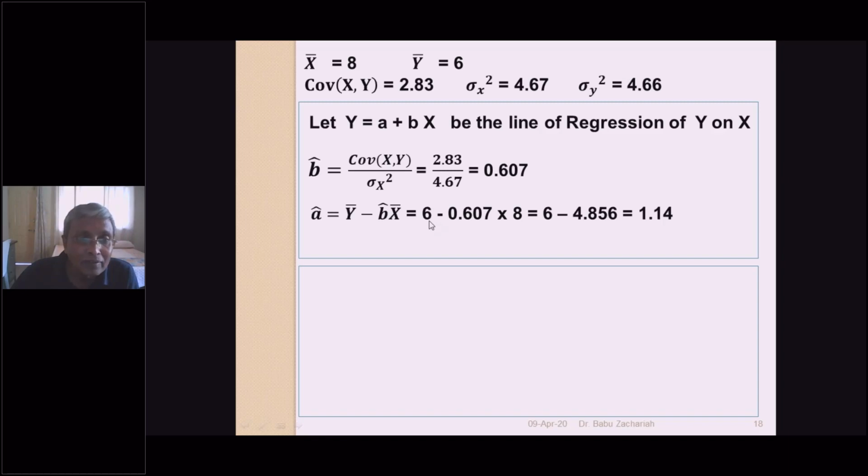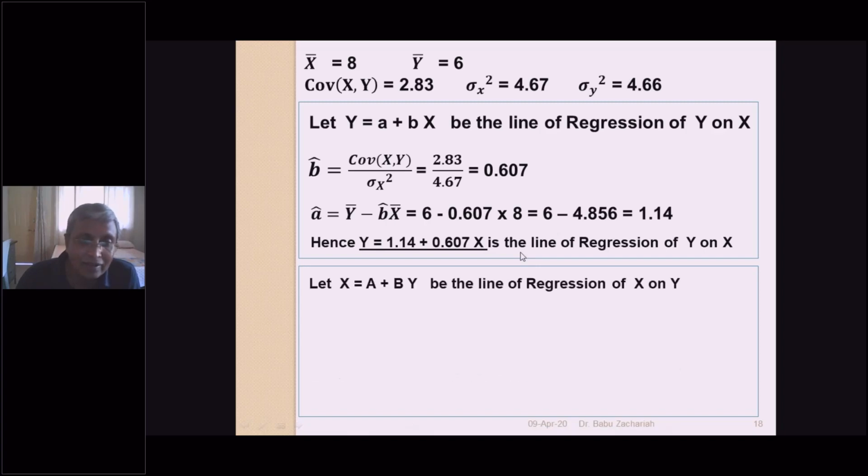So y bar is 6 minus this b hat, x bar is 8 from here. So that works out to be 1.14. So A is 1.14, B is 0.607. So the line is Y is equal to A 1.14 plus B 0.607 times X.